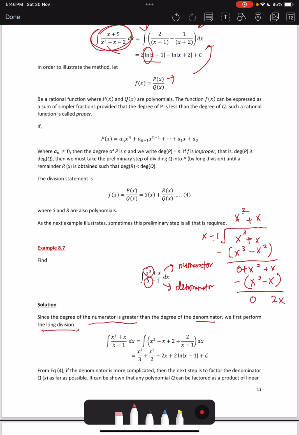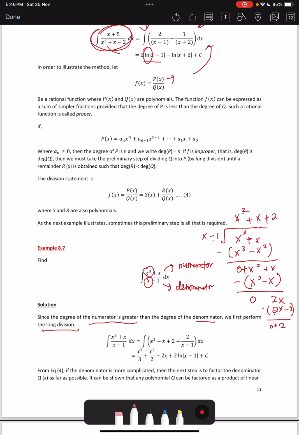So here x minus 1, I want to remove 2x here, so I have to multiply by 2. 2 multiplied by x, you get 2x. 2 multiplied by negative 1, you get negative 2. So 2x minus 2x, I get 0. 0 minus negative 2, I get plus 2.